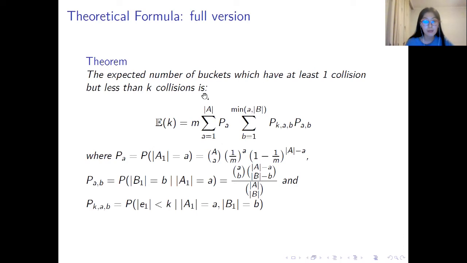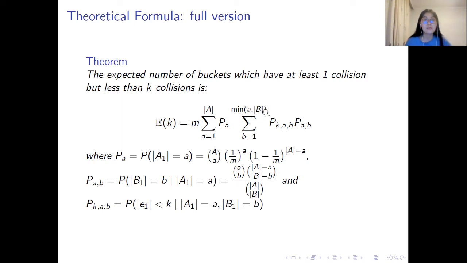The first sum is over the range of the first bucket size A1, from 1 to the population size A. The second sum is over the range of the bucket size of the population with diabetes, the cardinality of B1, where the range is from 1 to the minimum value of A and B.